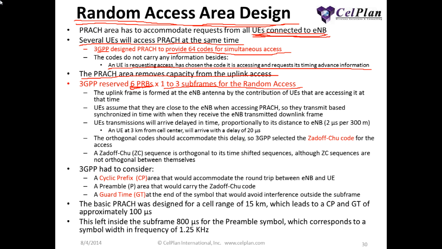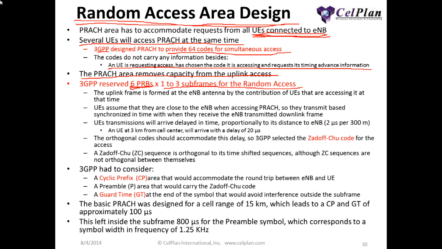Again, those 1 to 3 subframes are dimensioned by the network designer, but it's a small portion of the uplink frame. Although there may be many random access areas even in one frame. So again, all of this has to be dimensioned by the user.